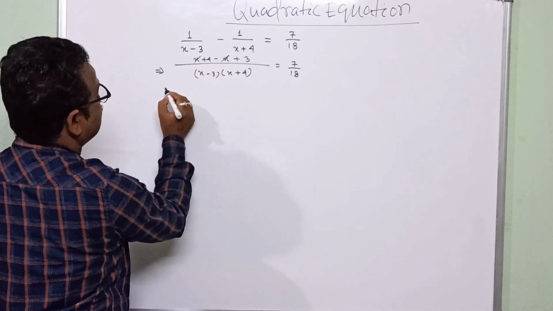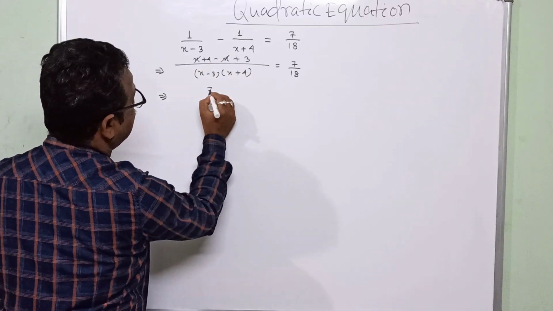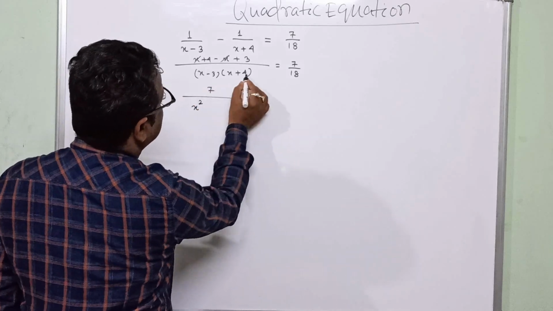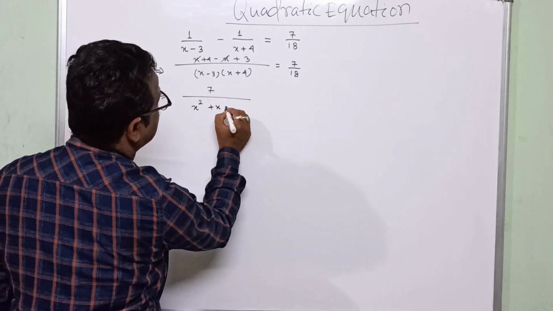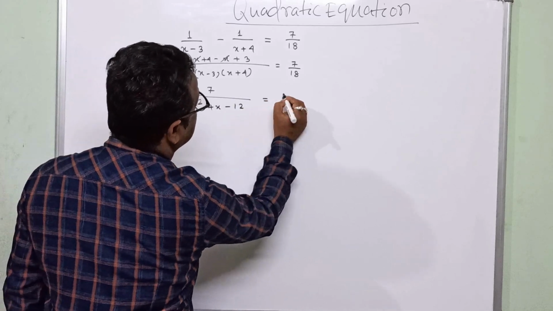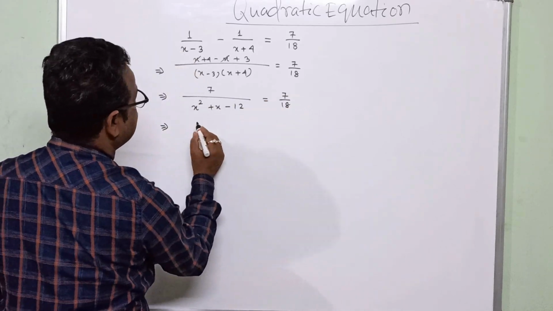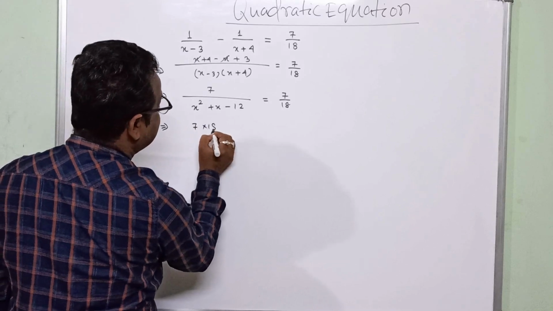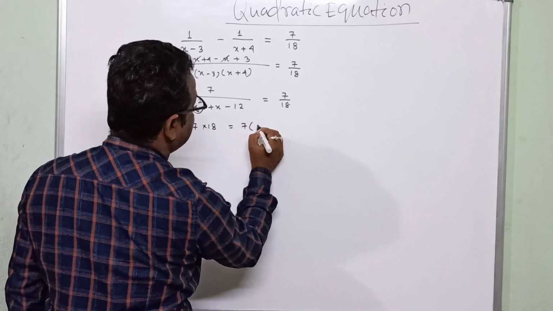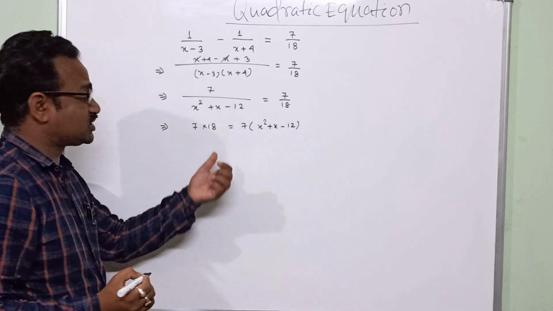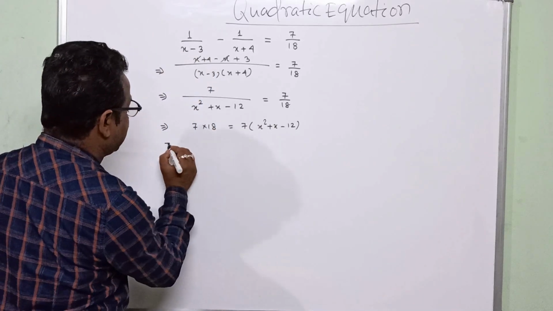Now cancelling x, we will get 7/(x² − 3x + 4x − 12) = 7/18. That implies 7 into 18 is equal to 7 into (x² + x − 12) by cross multiplication.